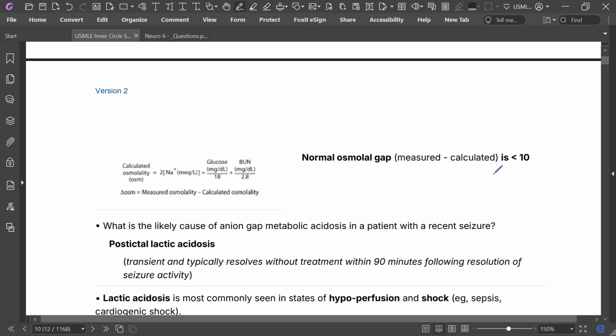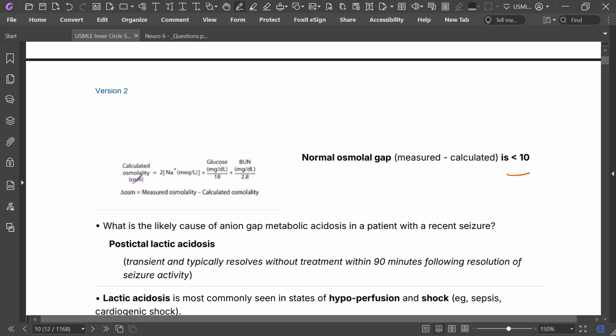Normal osmolar gap is less than 10. And how can we calculate this osmolar gap?